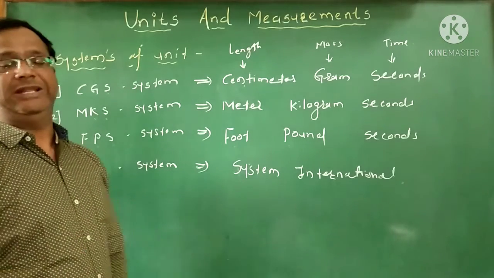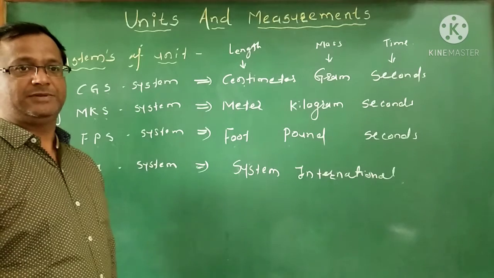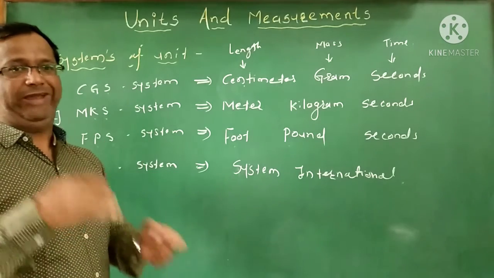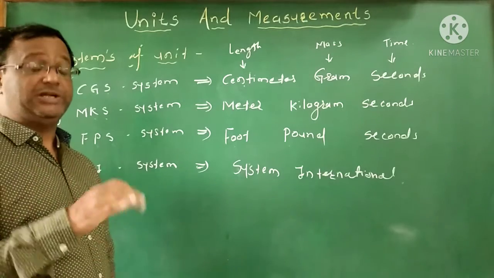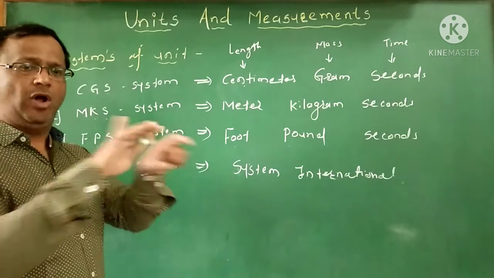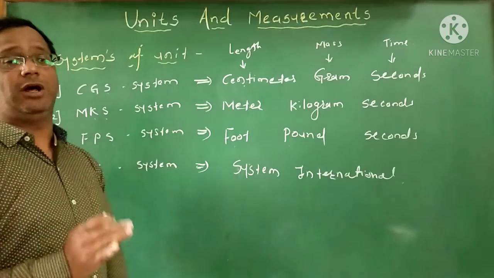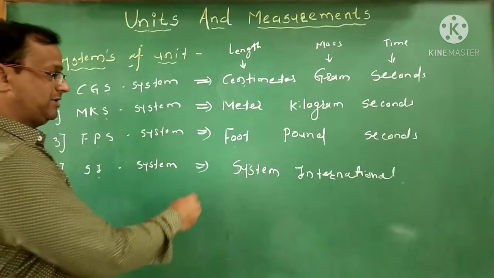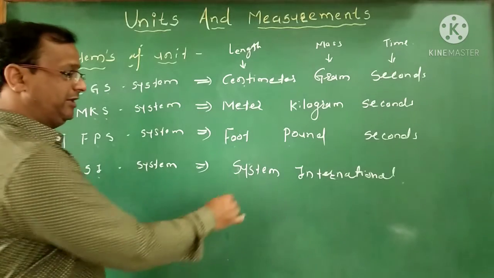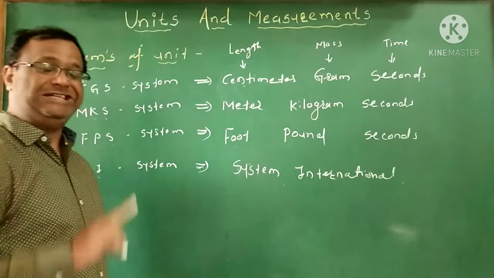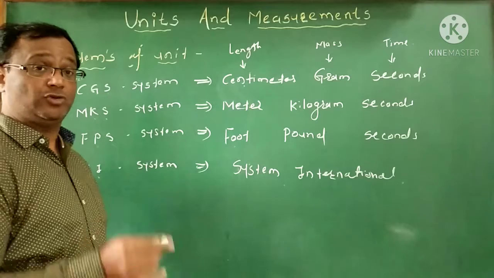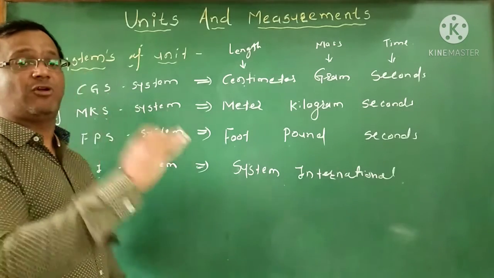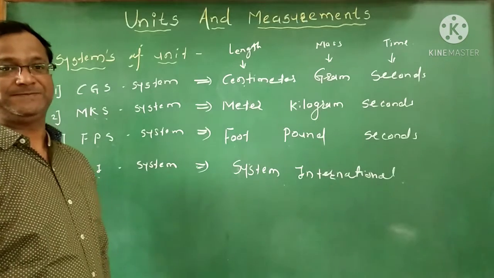So in 1971, the International Weights Committee decided that all countries use a common system of measurement. At that time, they decided to use the System International, because it is very easy to exchange information from country to country. Right?